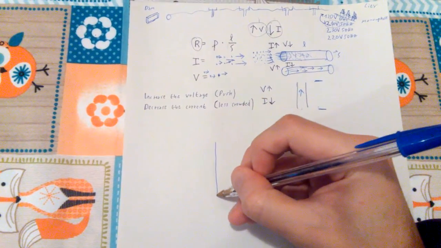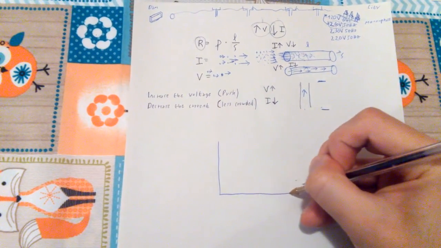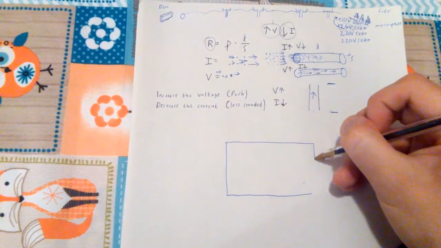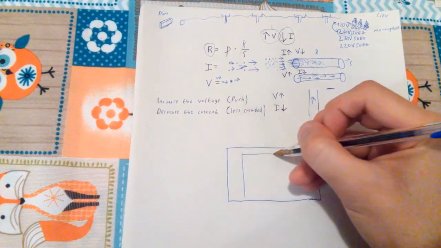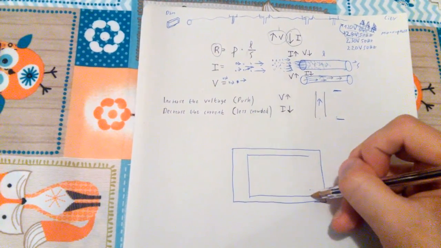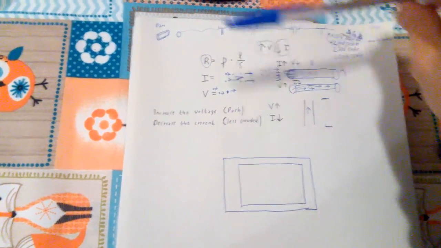This is how a transformer looks. I'm going to draw it for monophase, but for the three-phase it's the same, just stuck together.